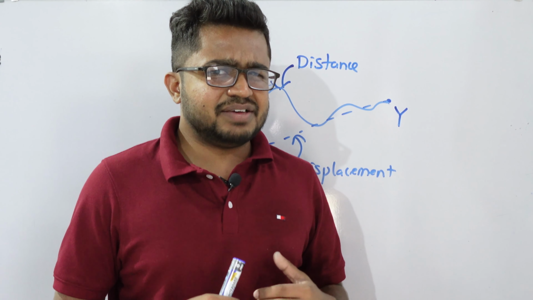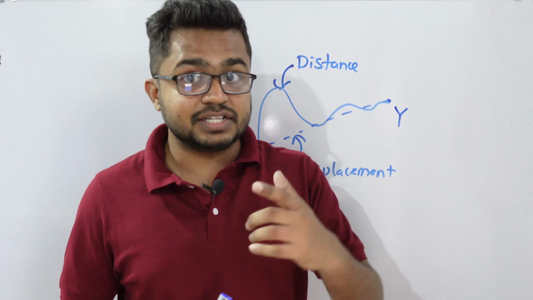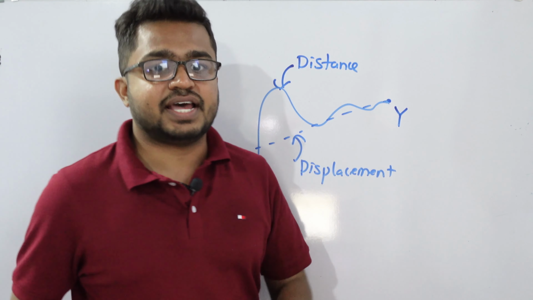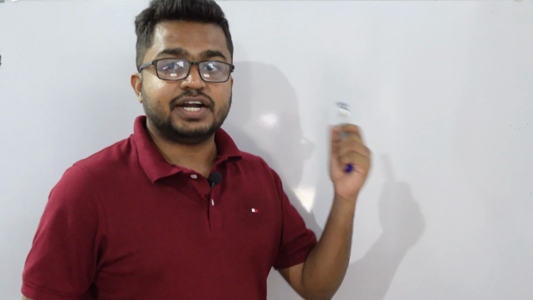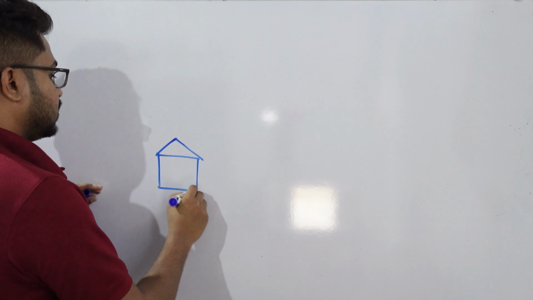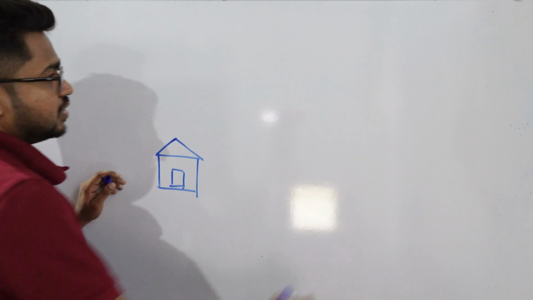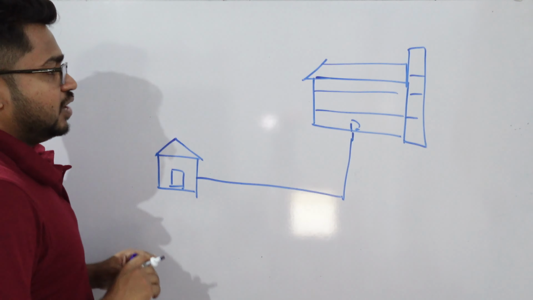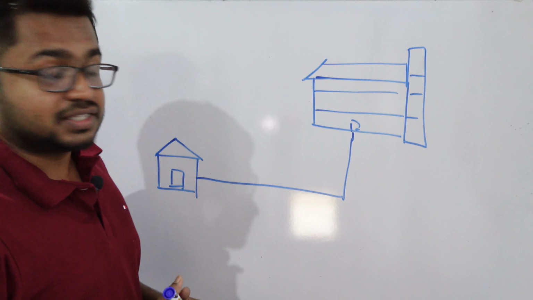Since this is understandable, let's go into an example and see whether you can understand it. Now we are looking at Tom's story. This is Tom's house, and this is Tom's school. This is Tom's path to school.